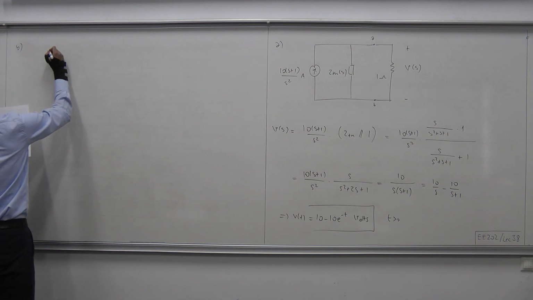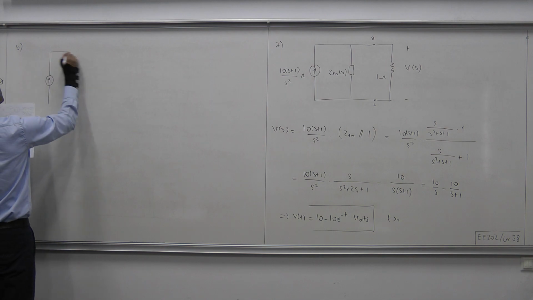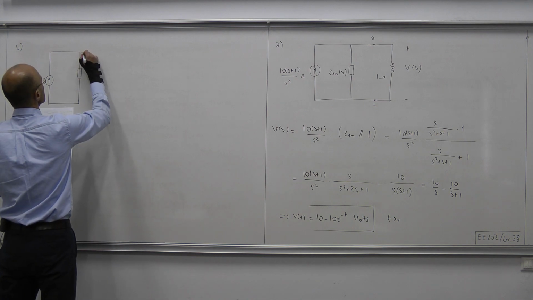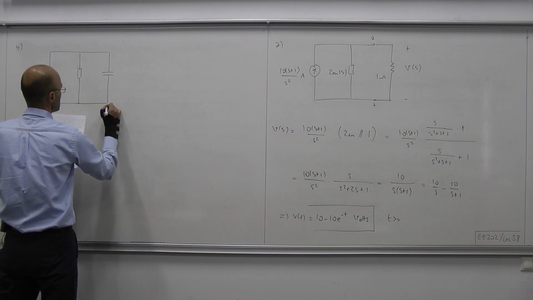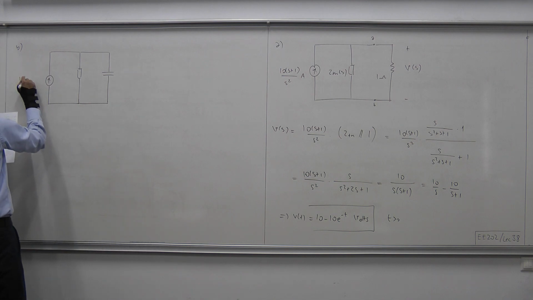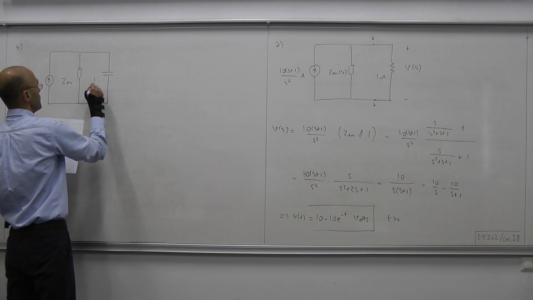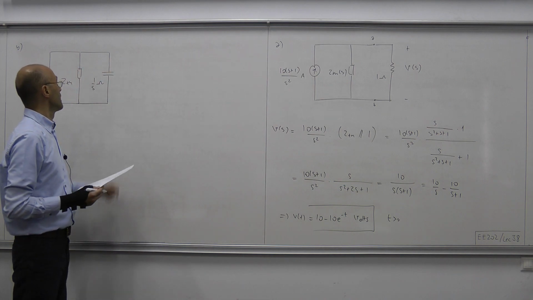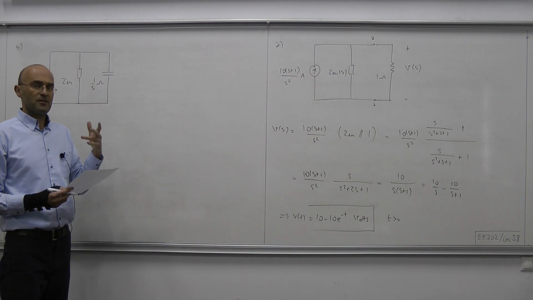Part B. Again, we get the Norton current, Thevenin impedance, and here we have 1/s ohms for the capacitor, because capacitance was 1 farad, and we were told that the circuit is at zero state.